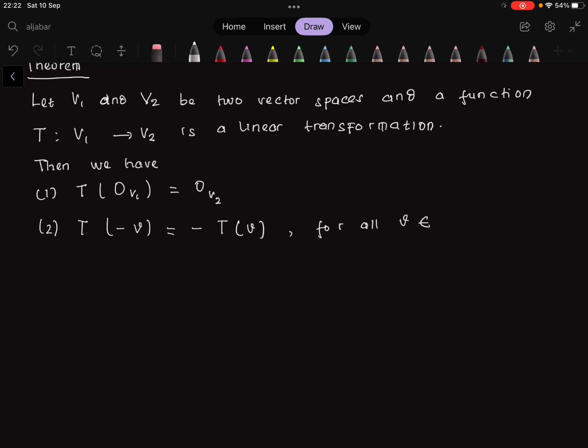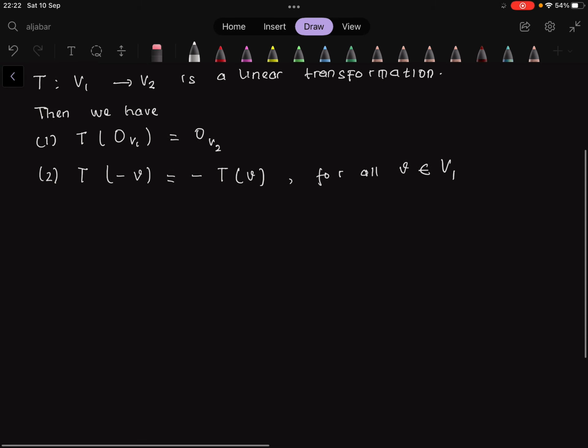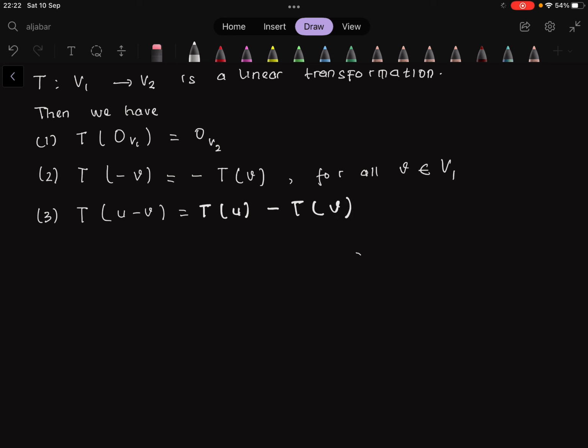v in V1. And then T(u - v) is equal to T(u) minus T(v), and this is for all u and v in V1.